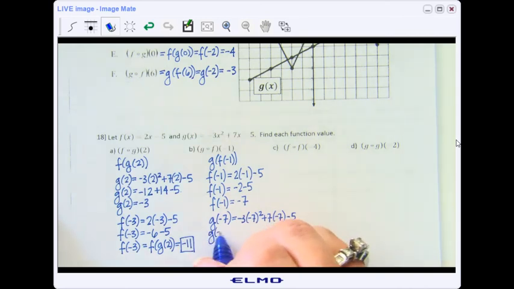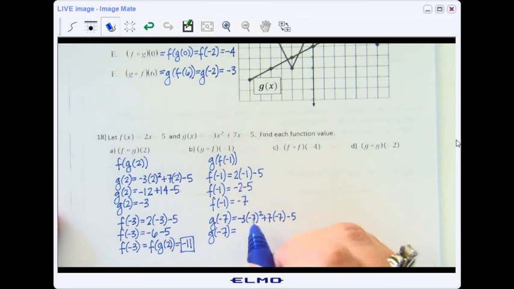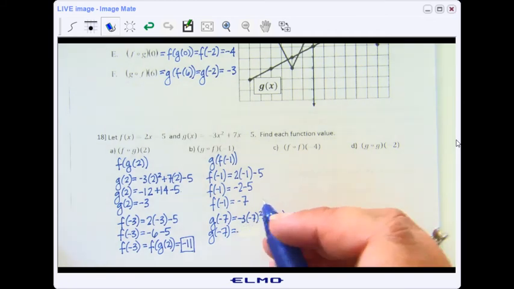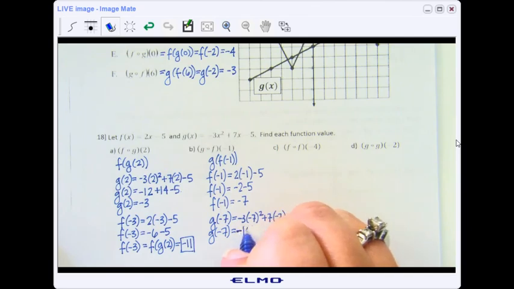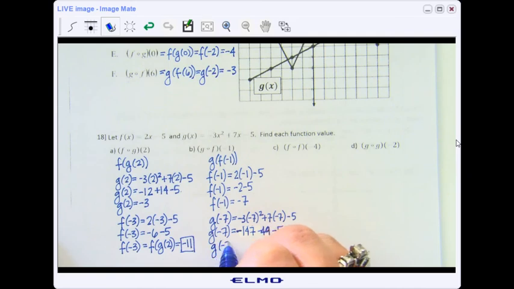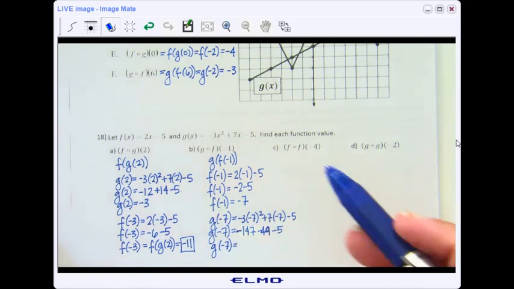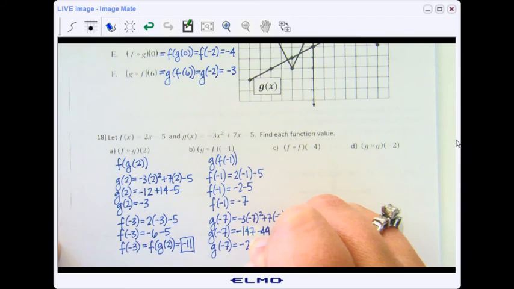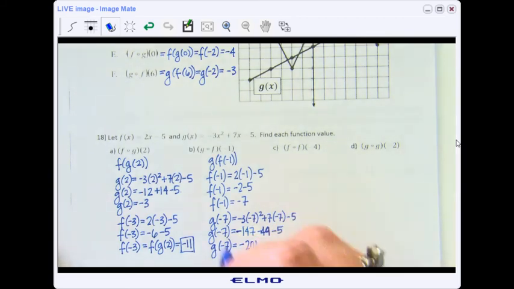So g of negative 7 is negative 3 times 49. That's going to give me negative 147 minus 49 minus 5. So g of negative 7 is equal to negative 201. So my answer is negative 201.